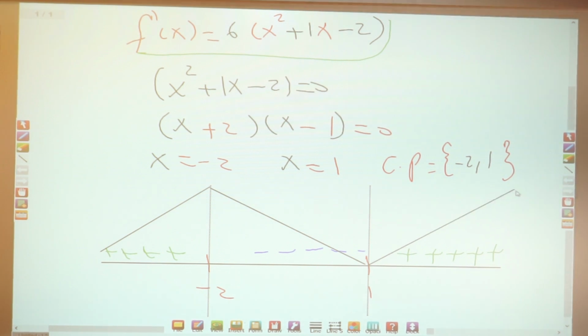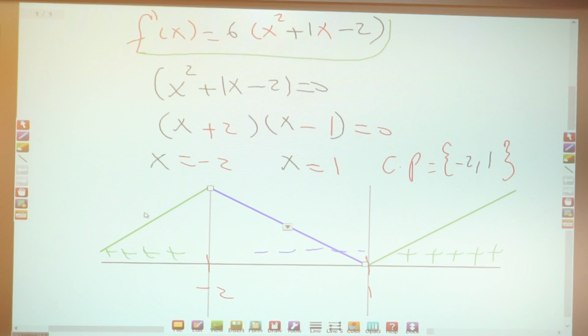Because this is increasing, I'm going to make this line green, a little bit bold, and this line green, a little bit bold. And this line blue, a little bit bold.